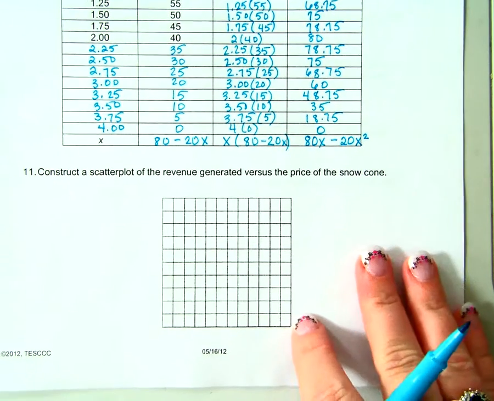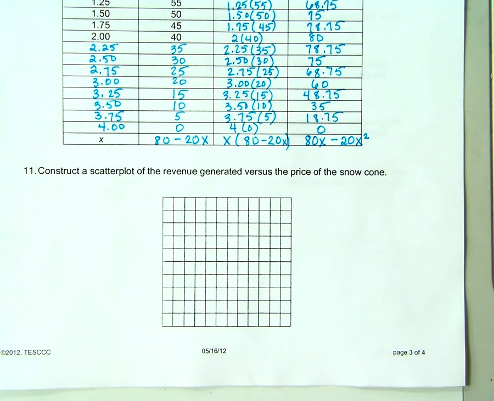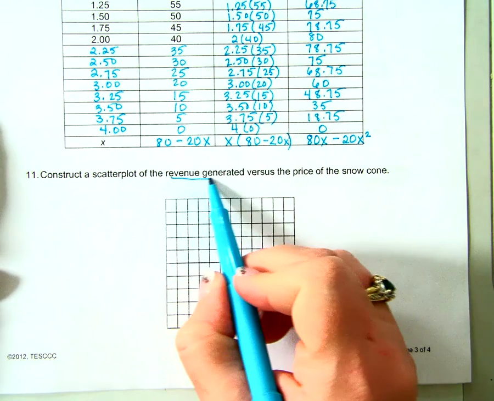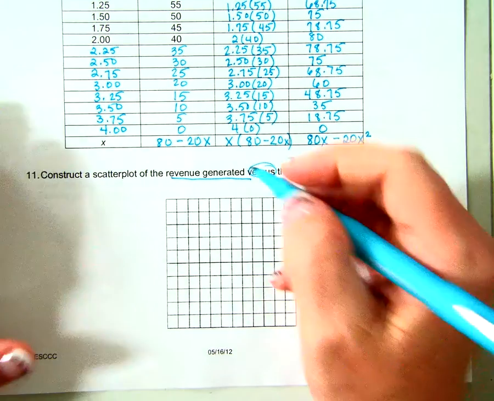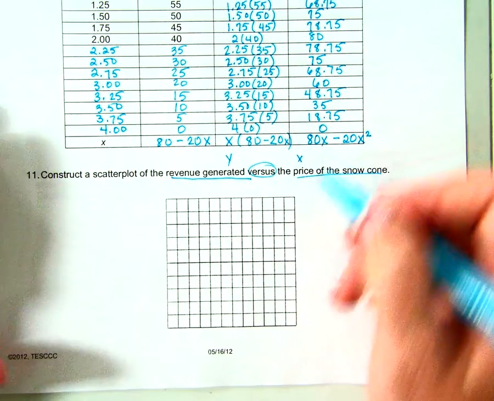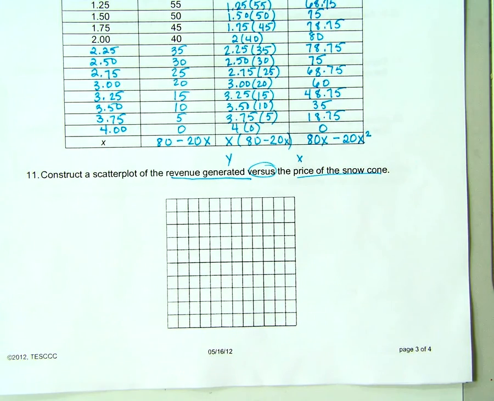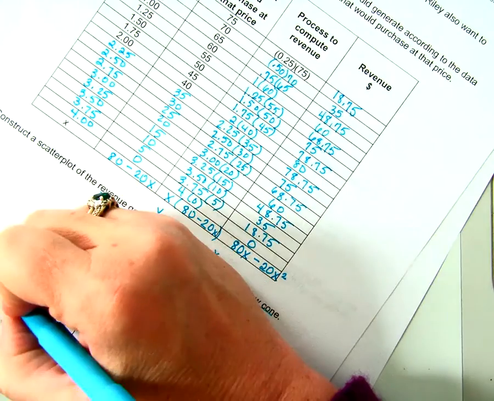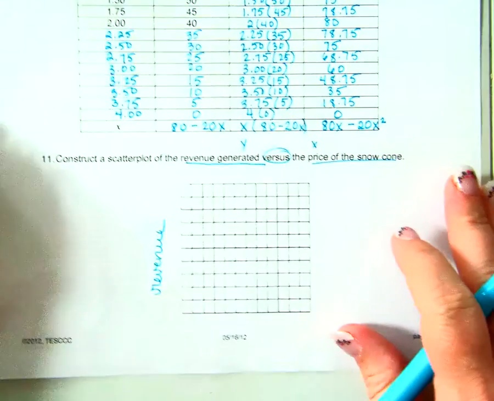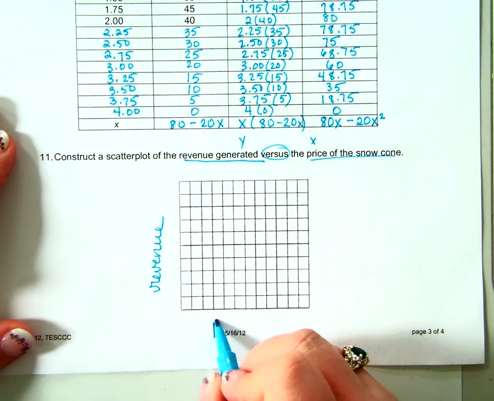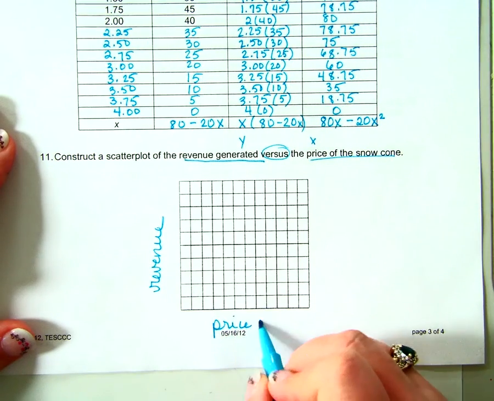So let's make a scatter plot of this data. What goes where? It tells you, right? The revenue generated versus the price. Y versus X. Revenue here and price of the snow cone.